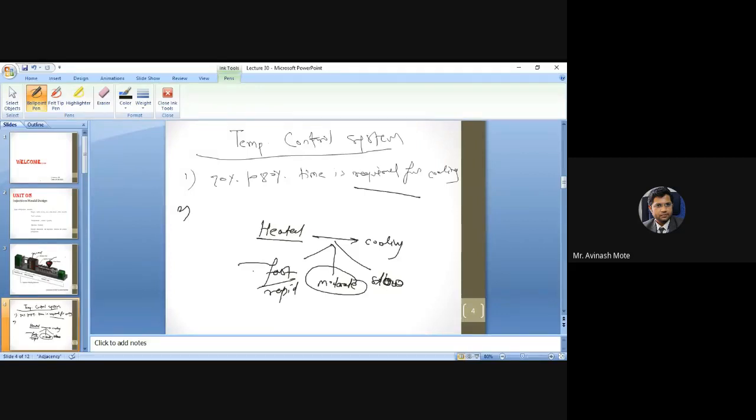When you cool any material very fast, a fine grain structure is produced, meaning small grains. When you cool it slowly, a coarse grain structure is produced, meaning large size granules.